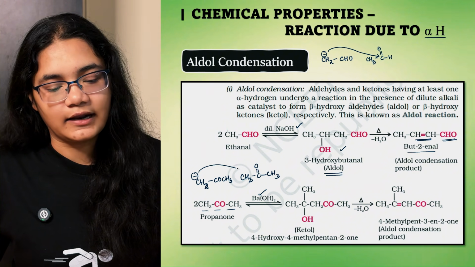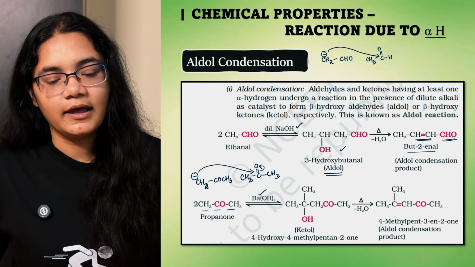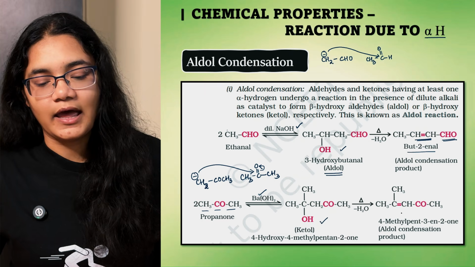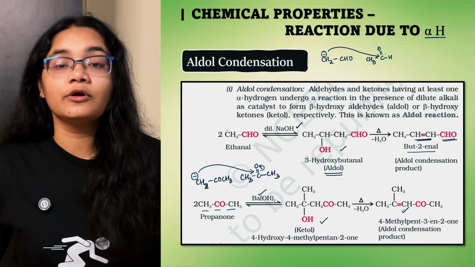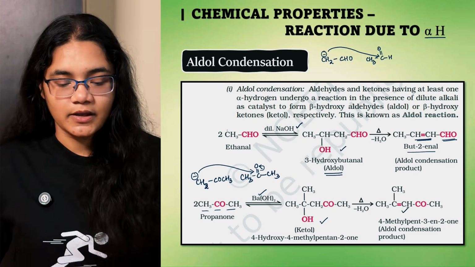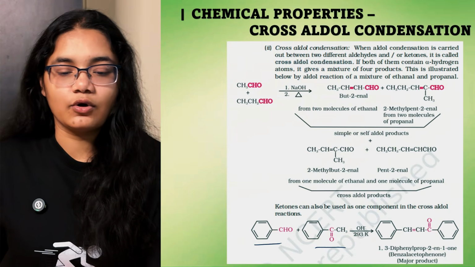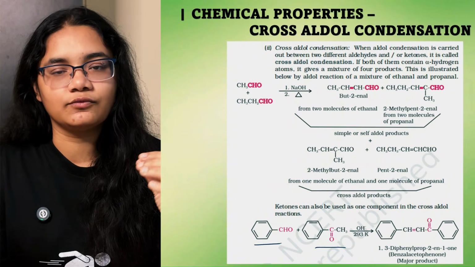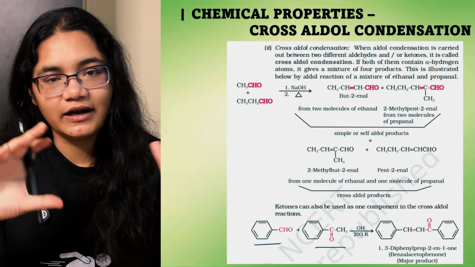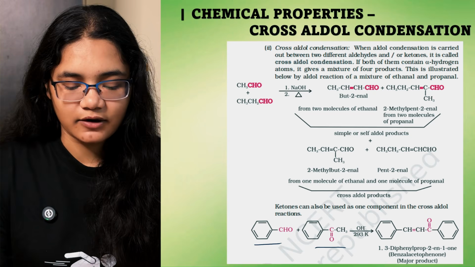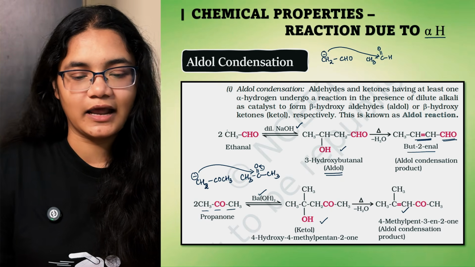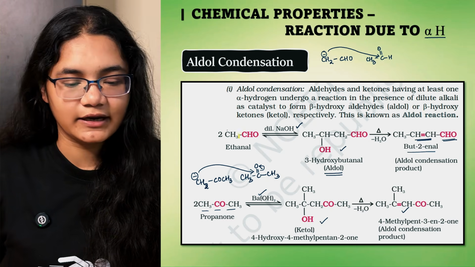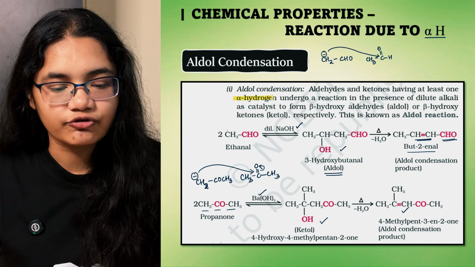Now this one will attack on this one, and you get this product first. After that it undergoes dehydration, and you get the final product, the aldol condensation product. Next we have cross aldol condensation. It is very similar, but two different aldehydes or ketones react. One very important condition for aldol condensation that you must remember is that an alpha hydrogen must be present.